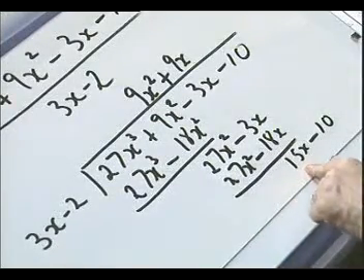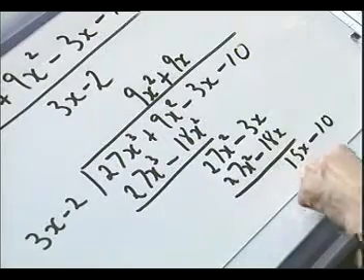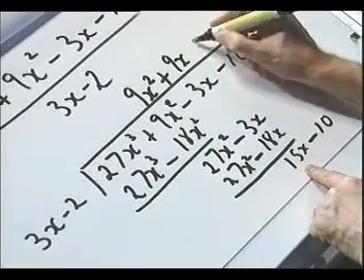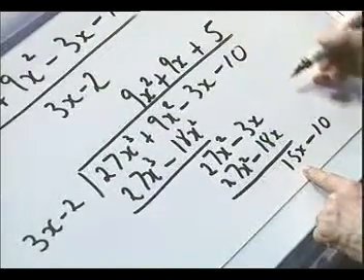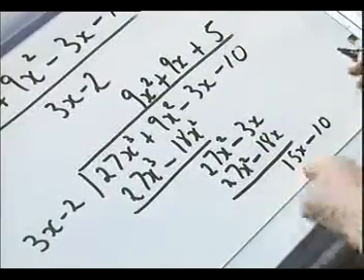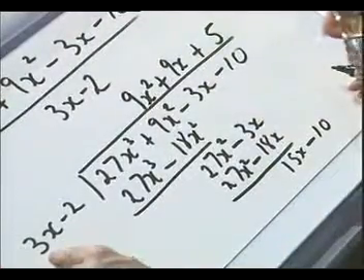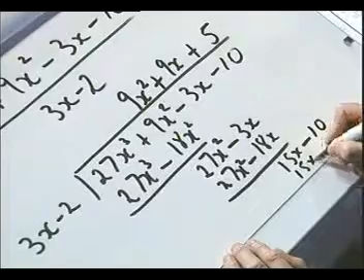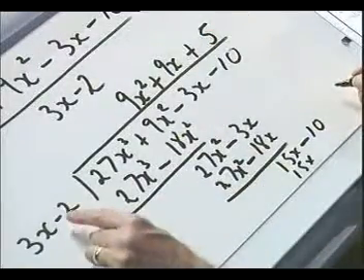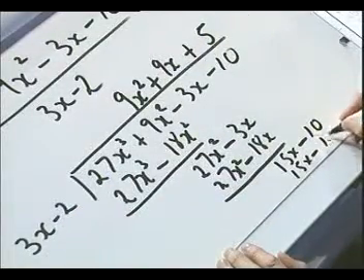3x into 15x. This time it goes 5 times. So we can say plus 5 there. And again, it's in the numbers, the constants column at the end. 5 times 3x gives us 15x. Write it down there. 5 times minus 2 gives us minus 10.